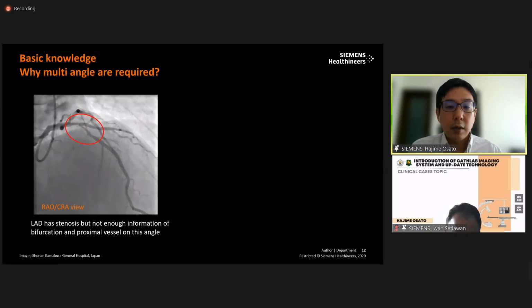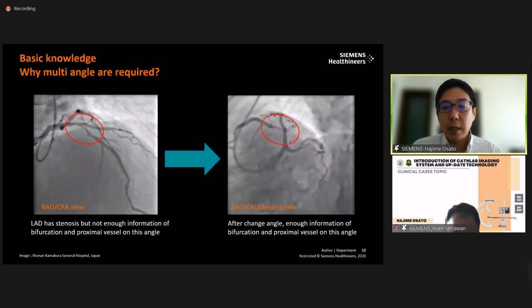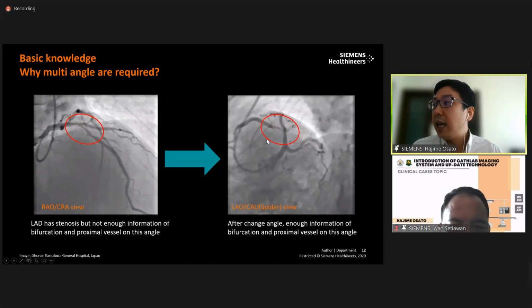So change to another angle, and you can find the bifurcation part as well. So in a cardiac case, we need specific information, not only the stenosis figure, but also bifurcation and surrounding information. That's why multiple angulations are required.